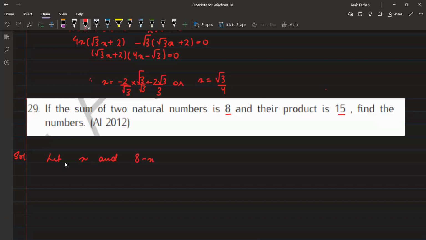Because if x is one number, so another number will be 8 minus x, because देखो x plus 8 minus x, you will get 8 ना. Sum 8 है दोनों numbers का, yes or no everybody?